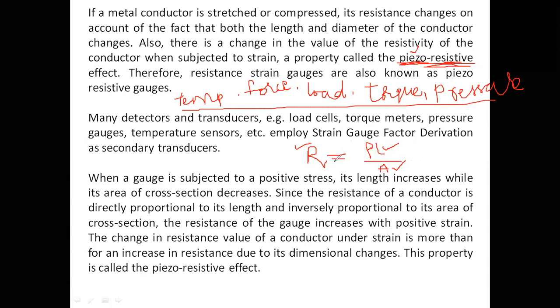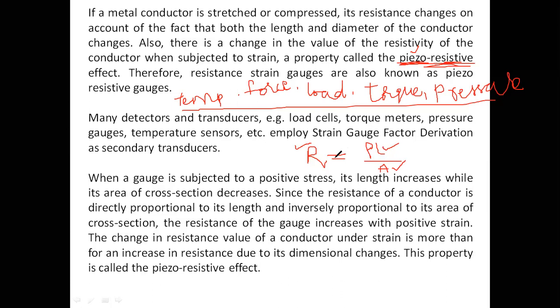So let us take a rubber band. The rubber band has some length and it possesses some diameter also, meaning cross-section area also. If the rubber band is stretched, what will happen?